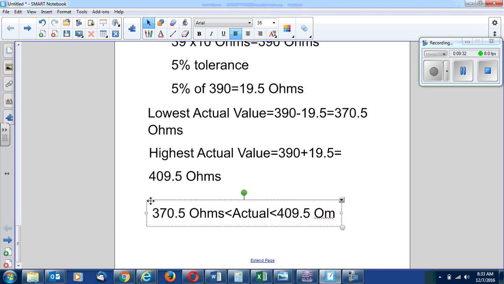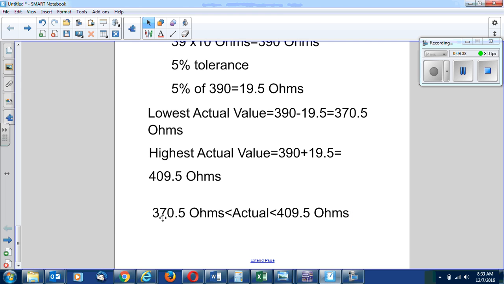So which values could it be? Well, really any. It could be 371, 375, 380, 395, 400, 405. Any number in between 370.5 and 409.5 is valid. So when you're doing your calculations and building your circuits, you have to make sure that any of those values would work for your circuit.